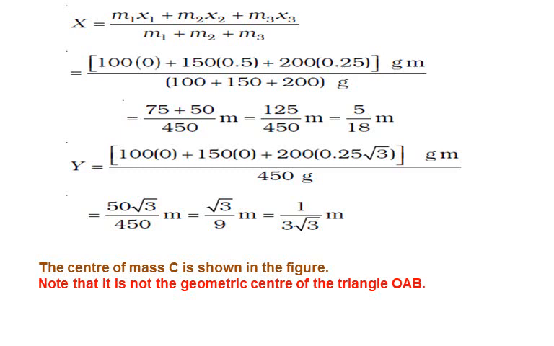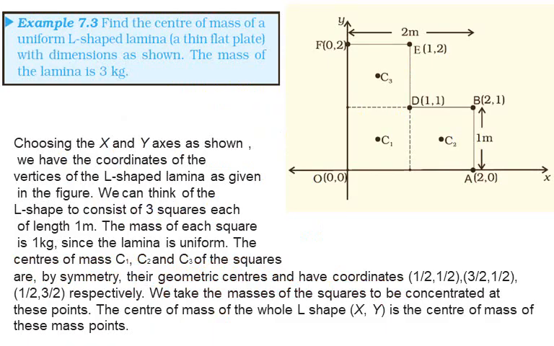And you can see that in this case, the center of mass doesn't coincide with the geometrical center of the triangle OAB. Another numerical problem. You have to find out the center of mass of this uniform L-shaped lamina whose dimensions are shown in the diagram and the mass is given to you.